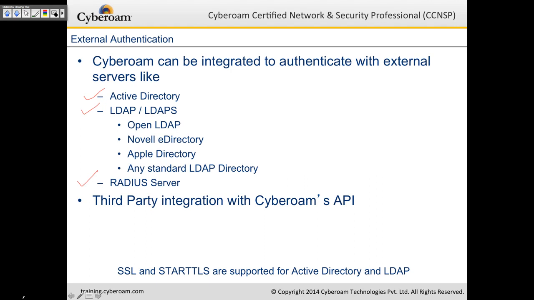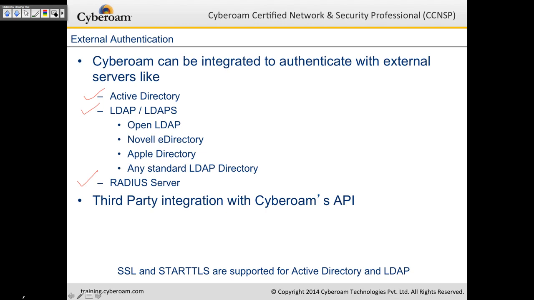And there is also a third-party integration with Cyberoam's API, wherein let's say you're integrating Cyberoam with any other third-party access point and the users log into the access point with a custom captive portal or a login page, and then that particular authentication server sends a username and password, and that particular device can call the Cyberoam's authentication API, and Cyberoam can automatically authenticate them and apply the security policies on them.